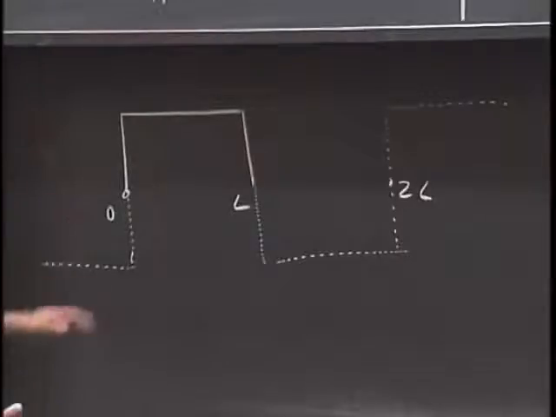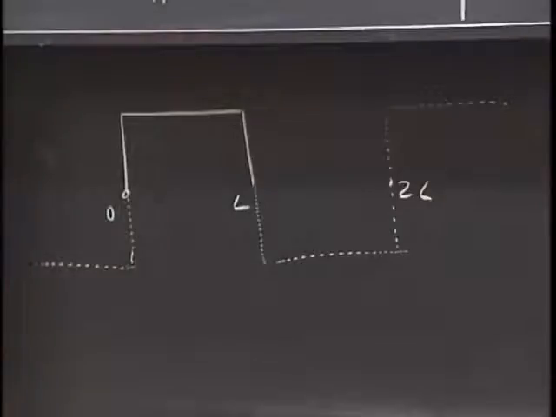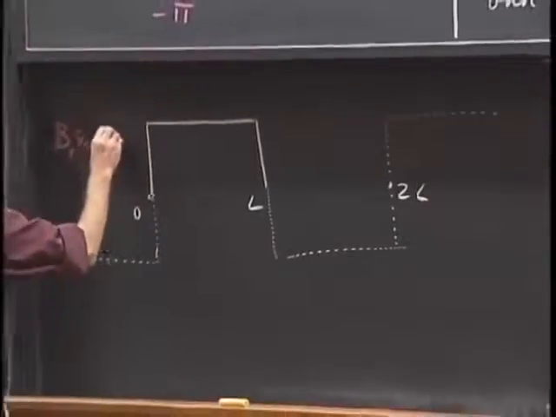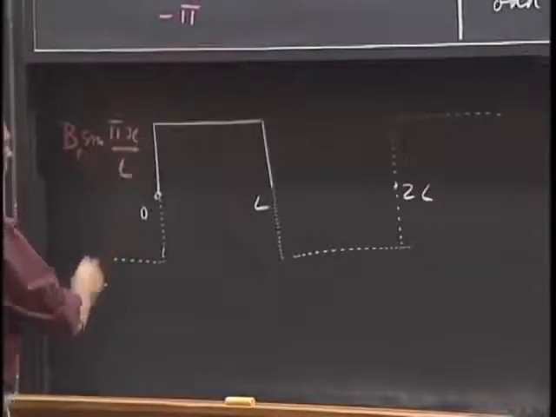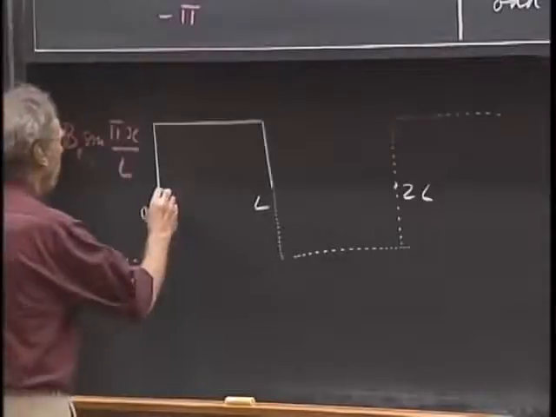So let us put in there the function B1 times the sine of pi x over L. That is the very first one in the series of the B's. That one is wonderful. That is exactly what we want.